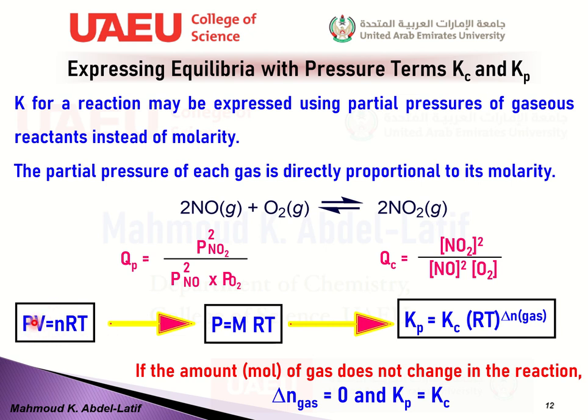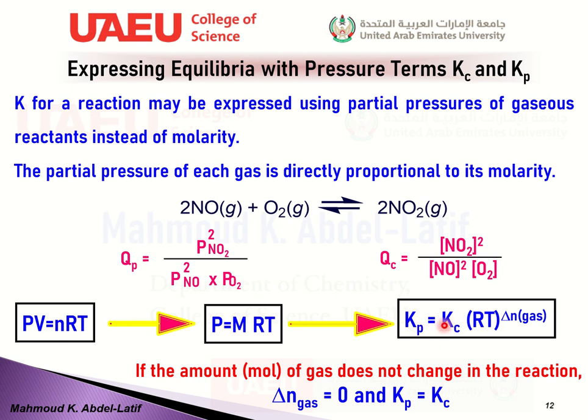If you move V to the other side, it will be in the denominator. So n over V, number of moles divided by the volume in liters, is molarity. So the partial pressure equals the molarity times RT. Applying this to the pressure expression, where M is molarity, you end up with this relationship.